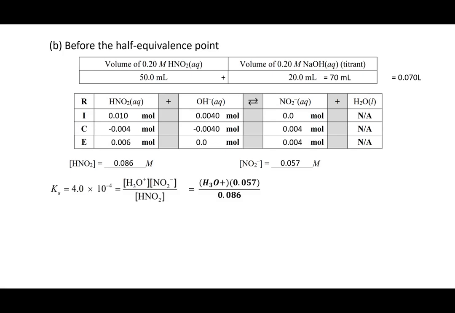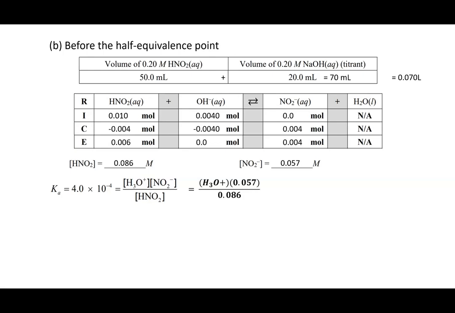Well, because of my reaction, which is on the R row of my rice bowl, I can see that Ka, which is still 4 times 10 to the minus fourth, is now equal to H3O plus times NO2 minus divided by HNO2.